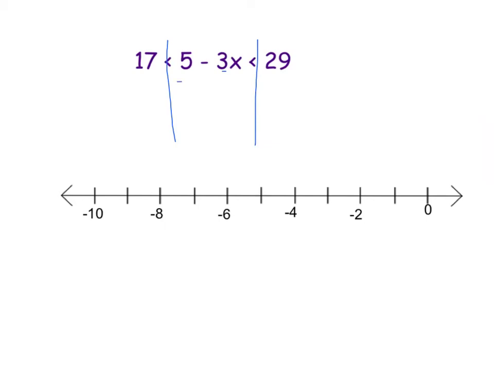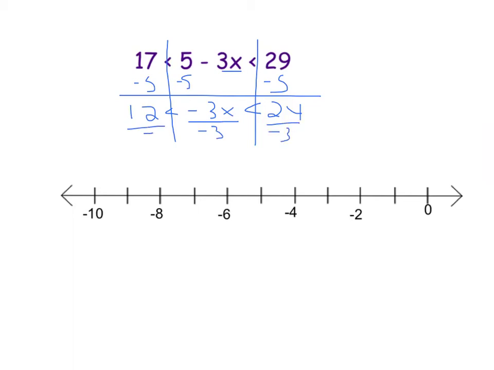So here is my variable term, so I have to subtract 5 from every single part. So 12 is less than negative 3x is less than 24. And then I am going to divide everything by negative 3. So negative 4 here, x here, and negative 8 here.